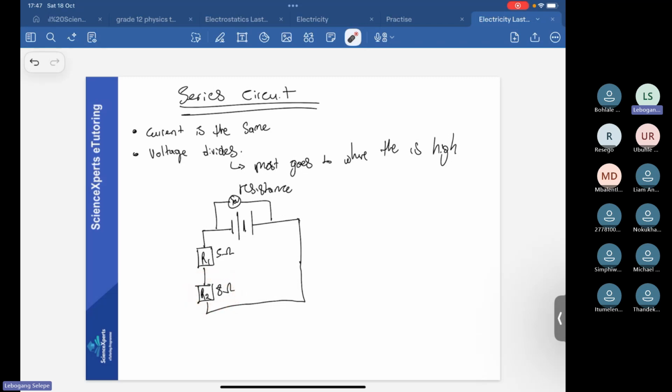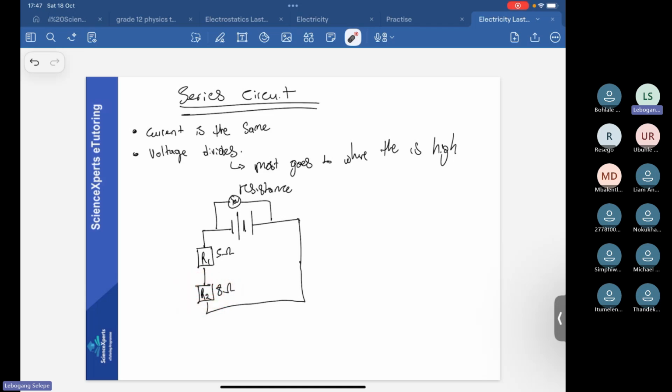Remember that voltage is the force that pushes the charges through this wire, and resistance is the opposition to the flow of those charges. It's easier for charges to pass here than there, because there is more opposition, so we need more force at the 8 ohm resistor. That is why most of the voltage goes to the 8 ohm resistor, if they ever ask you why.